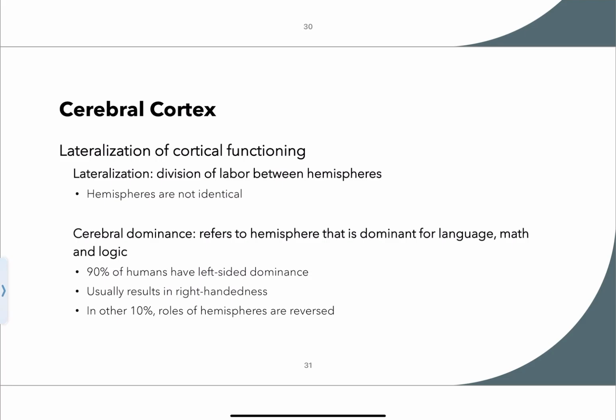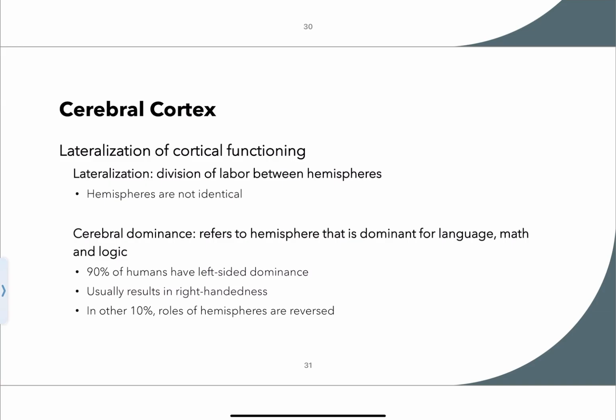So we mentioned earlier a little bit about lateralization of cortical functioning. Lateralization means that each of the hemispheres, even though they look physically identical, have very different functions. So there is a division of labor. We have what's referred to as cerebral dominance. So one of our hemispheres is better at something than the other hemisphere.